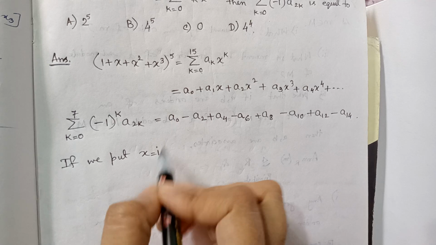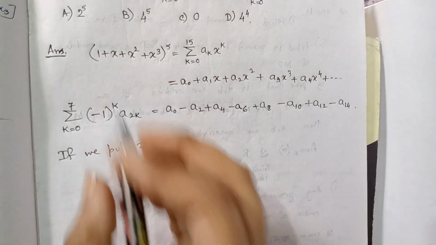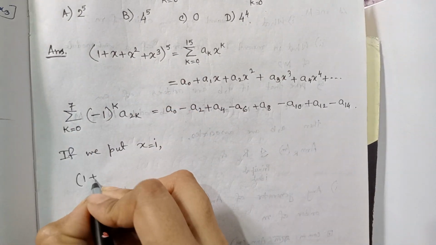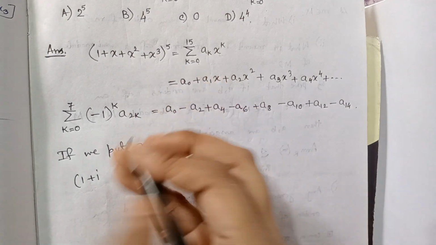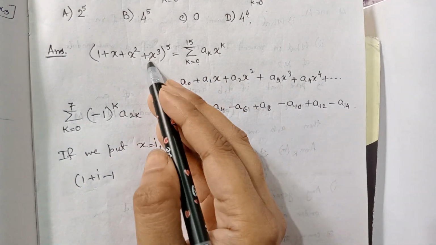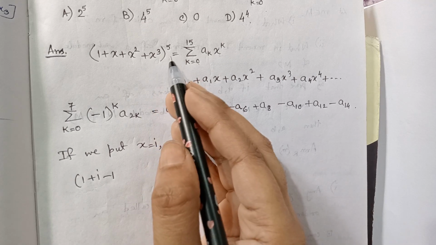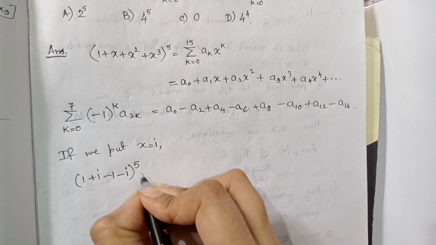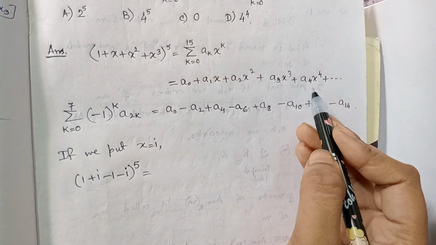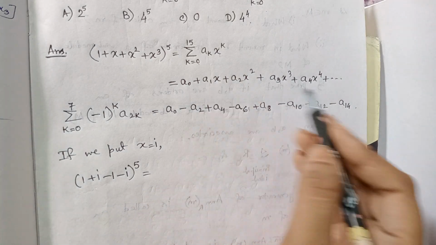If we put x equal to i in the left hand side, we will get (1 + i + i² + i³) whole to the power 5. i² means what? Minus 1, we know this. Then i³ means minus i. And we also put x equal to i in the right hand side part.